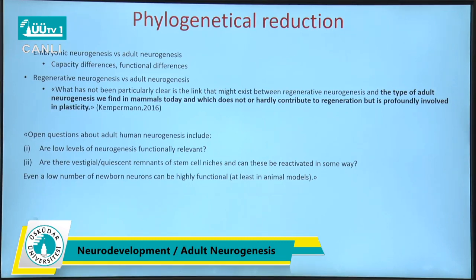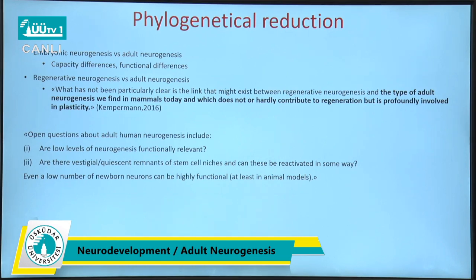When we look into embryonic neurogenesis versus adult neurogenesis, we see that there are some capacity differences, cell type differences, functional differences also. And as I said, regenerative neurogenesis and adult neurogenesis are not the same thing. The adult neurogenesis that we see in mammals today doesn't seem to contribute to regeneration, but seems to be more involved in a type of plasticity.